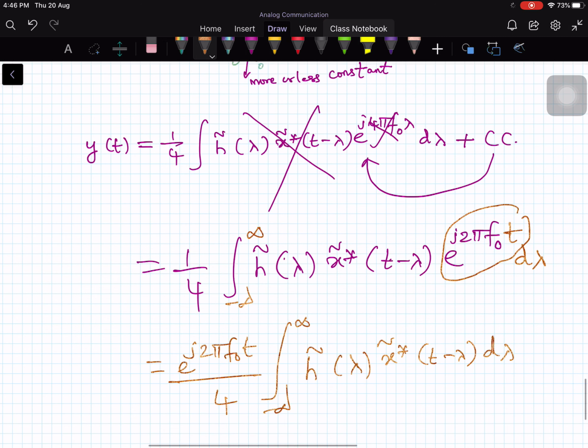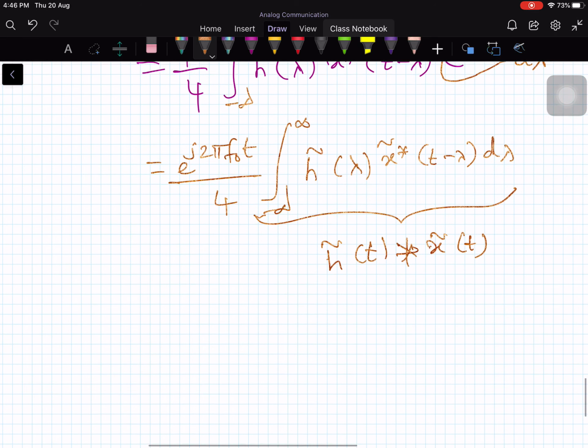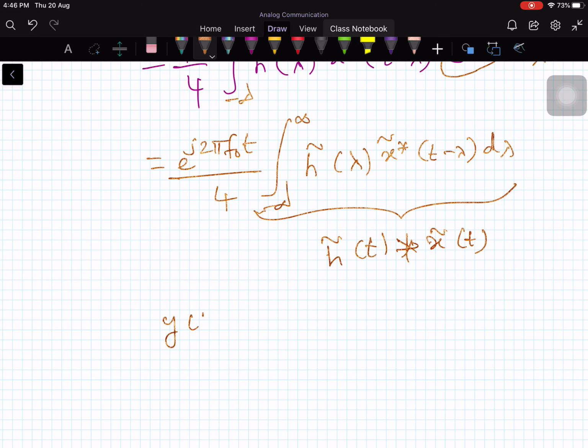Now there you go. Now what is this? This is the convolution of h tilde of t convolved with x tilde of t. Therefore the final result is going to be y of t is h tilde of t convolved with x tilde complex conjugate of t, multiplied by e to the j 2 pi f naught t divided by 4.